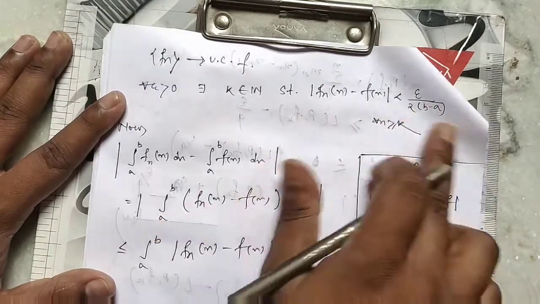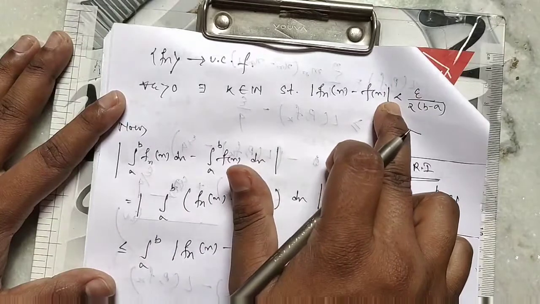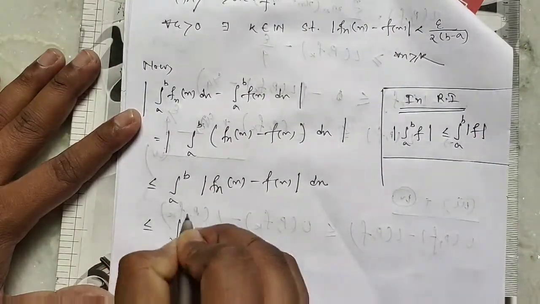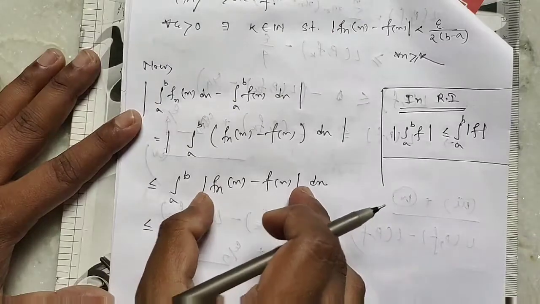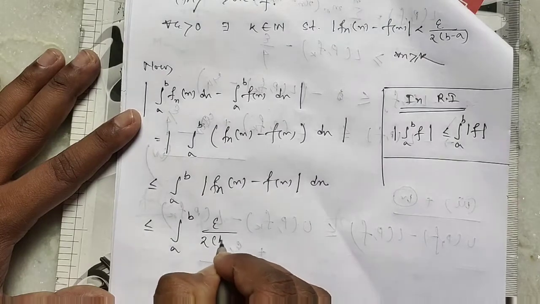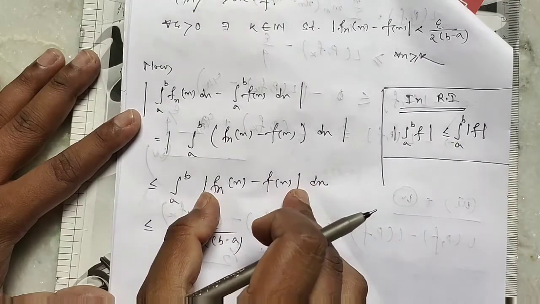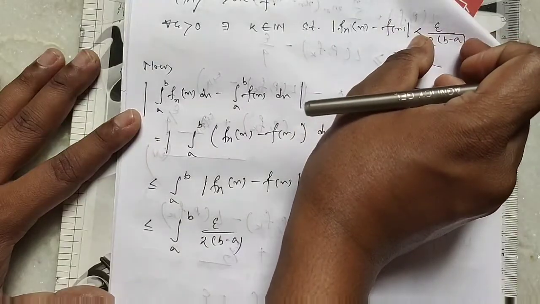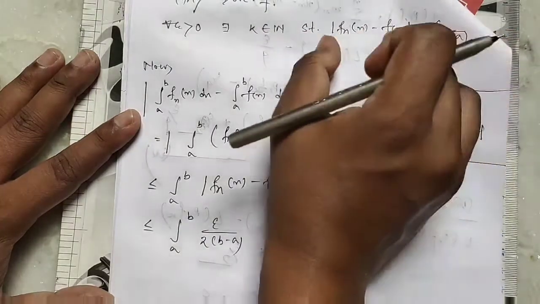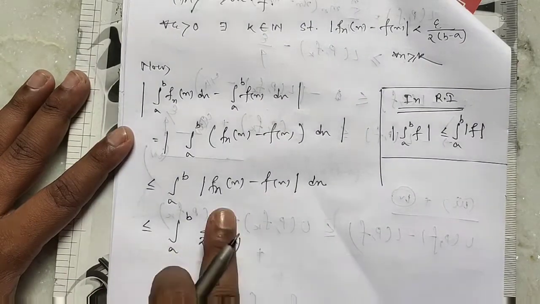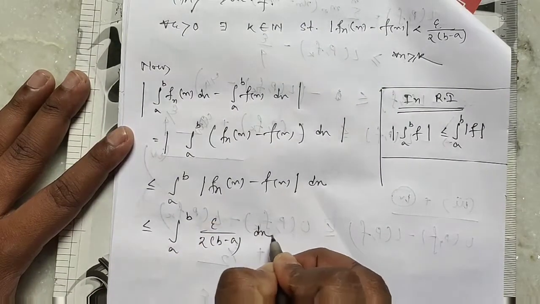So if we integrate both sides, this is less than or equal to integration a to b, where we replace this by epsilon by 2 into b minus a. This is less than or equal to integration a to b epsilon by 2 into b minus a dx.